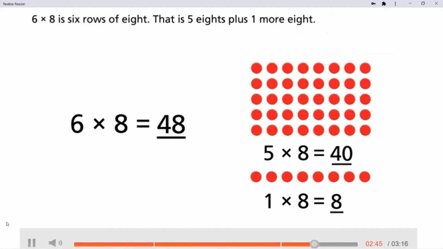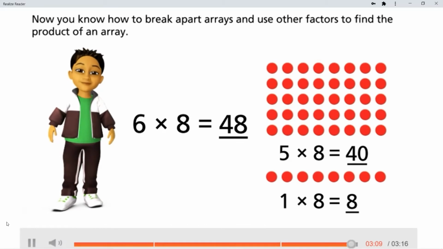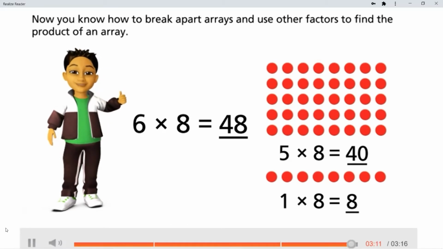That is 5 8s plus 1 more 8. 5 8s is 40. 8 more is 48. So, 6 times 8 equals 48. The band has 48 musicians. Now you know how to break apart arrays and use other factors to find the product of an array.